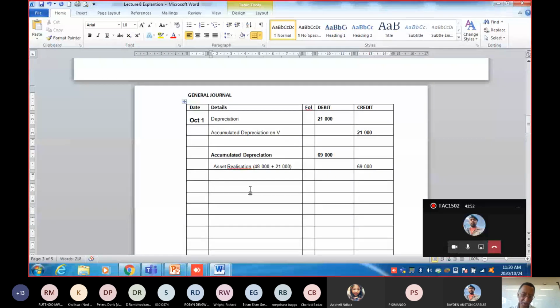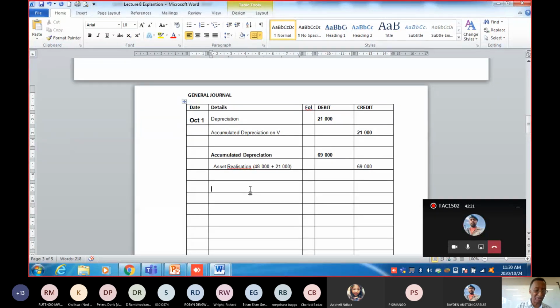The third step, we're going to transfer the cost price now. Remember the cost price of the asset? We are selling an asset which has cost us 140,000 Rand. To transfer the cost price of the asset, the value of our vehicles must decrease. We don't have that asset anymore. So to decrease the value of the asset, we will credit the asset account, which in this case is vehicles.